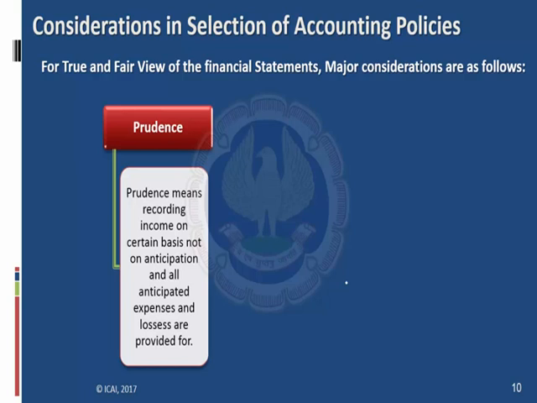If the entity is not able to realize that income in future, it will lead to erosion of capital, because in real sense the entity has not made any income, as it recorded income which was never certain. That is why, to maintain the financial health of an entity in a prudent and viable manner, going by the prudence concept, the anticipated income is not accounted for, but all anticipated expenses and losses have to be accounted for.